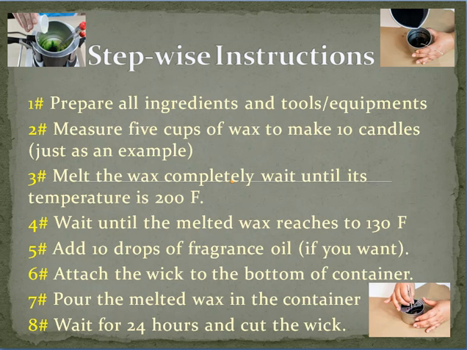First thing first, you should prepare all ingredients and tools, equipment. I already showed list of items, equipment that you need. So the first step when making candle is to start melting your wax.